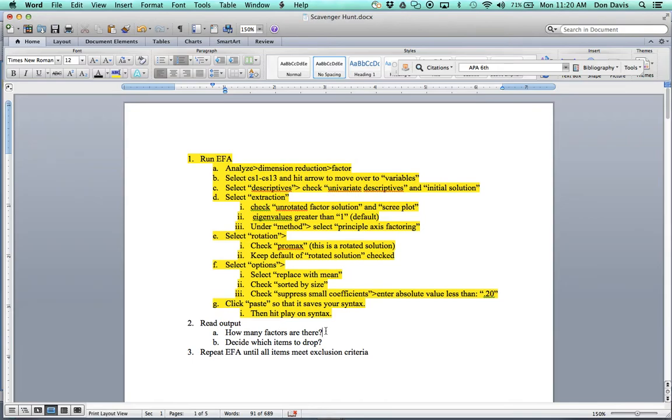And then, the answer here would be we initially had 2 factors. We dropped, what did we say? 6, 9, 10, and 11. And then we repeated it.